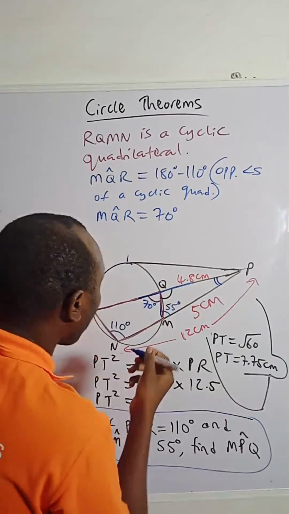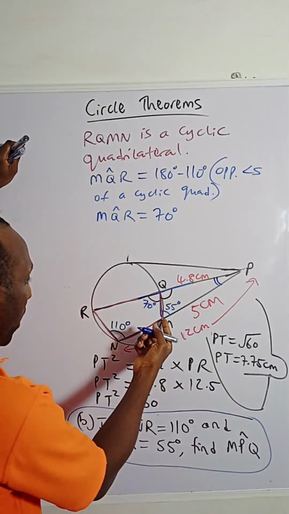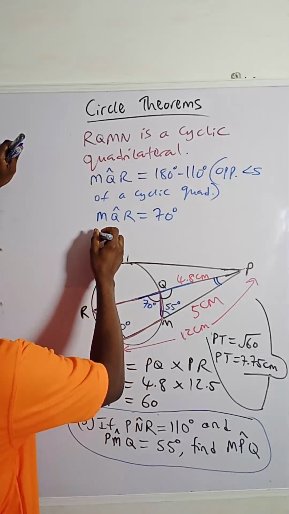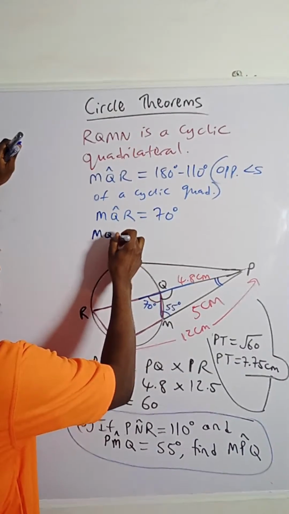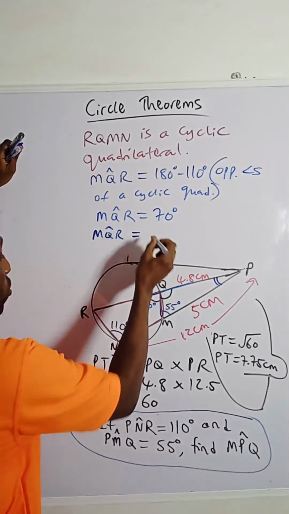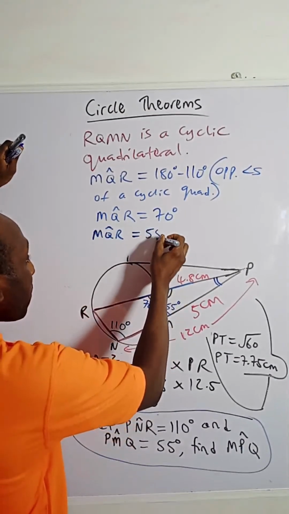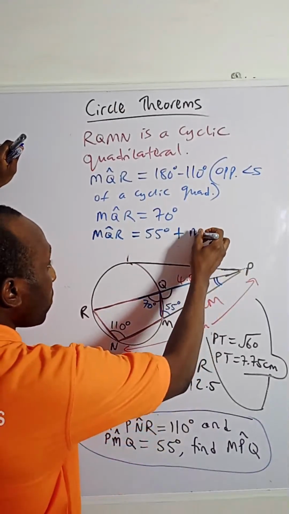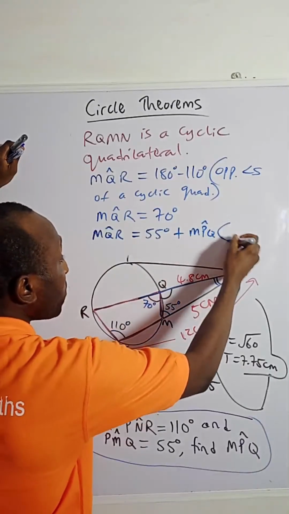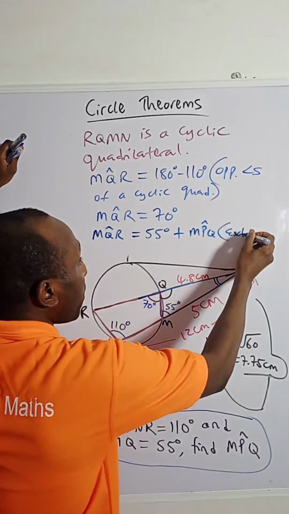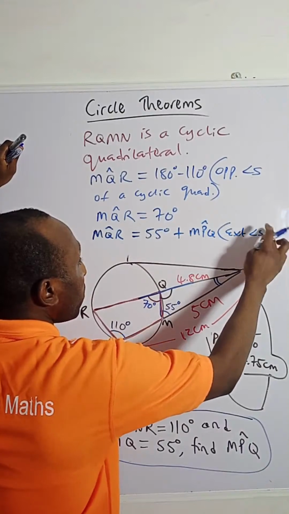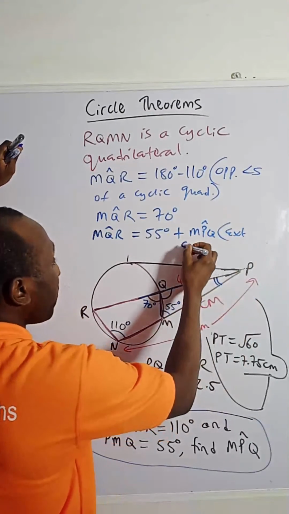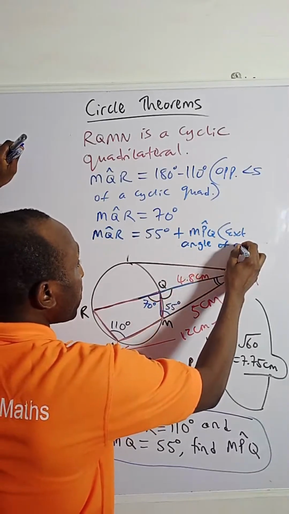So what am I going to say? Angle MQR is equal to 55 degrees plus this angle, which is MPQ. What's the reason for that? Exterior angle of a triangle.